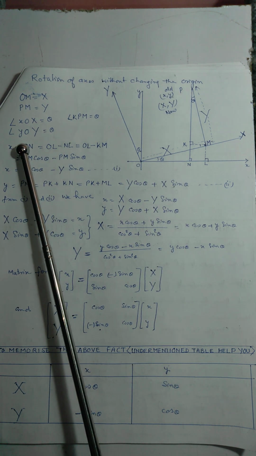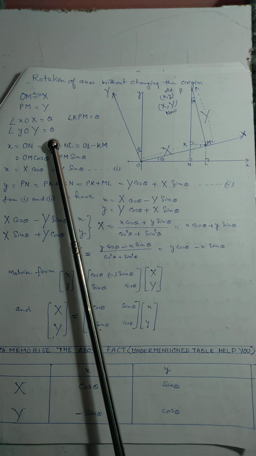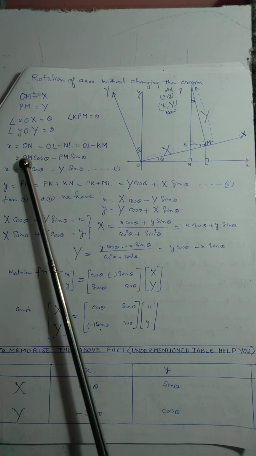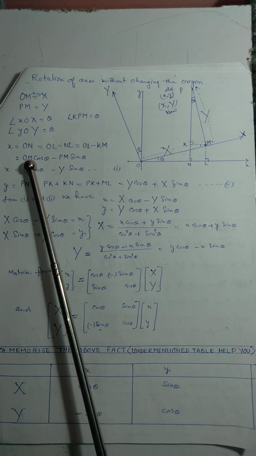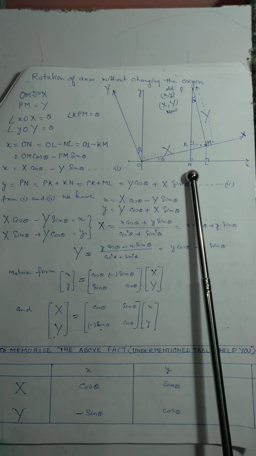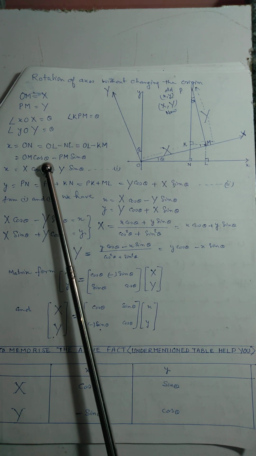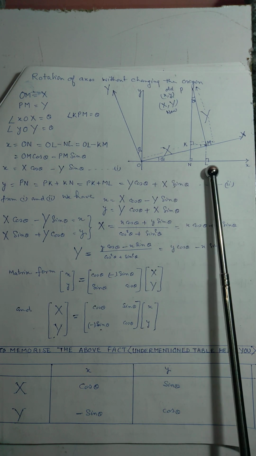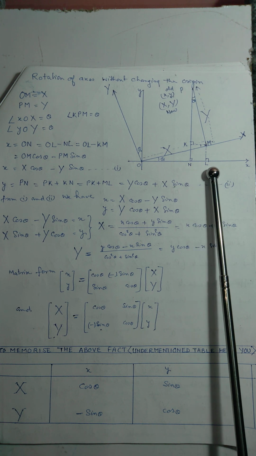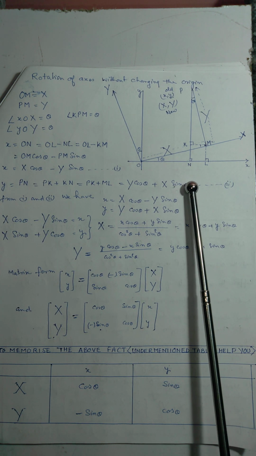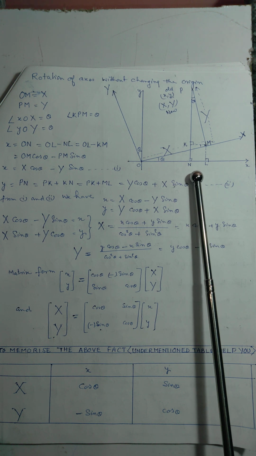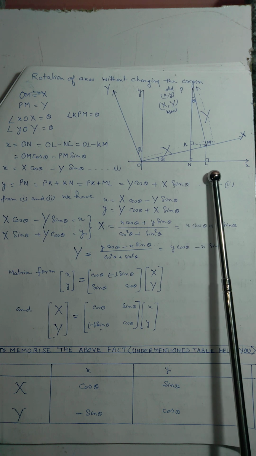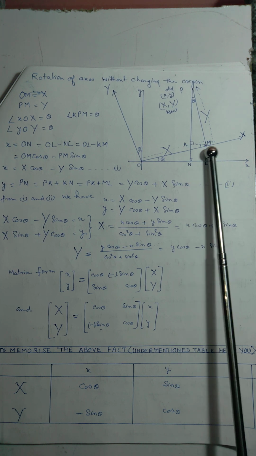You see small letter y, OY, that is, sorry, the angle between OY and capital OY is equal to theta. Now small x, that I have mentioned here, will be equal to OL minus NL.